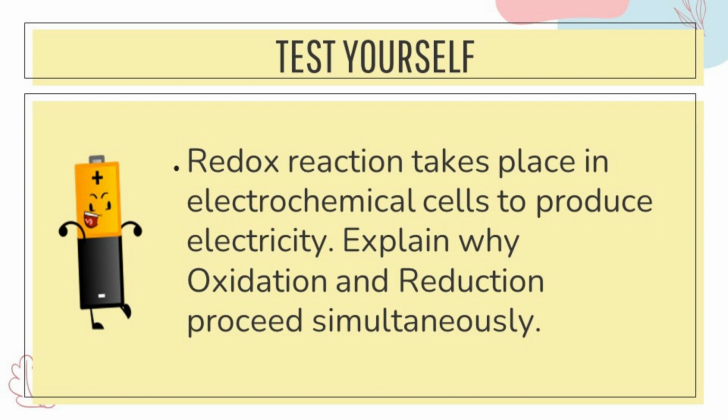Meaning to say, we need to have balance in the number of gained electrons and lost electrons. And that is the reason why it is called a redox reaction. They are required to proceed simultaneously in order to balance the number of electrons being transferred. So that is for the redox reaction.